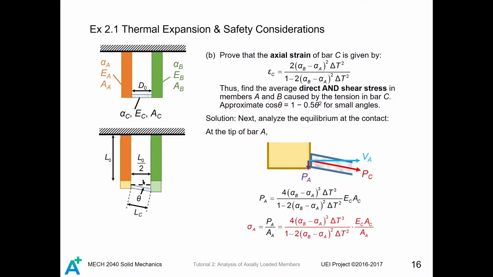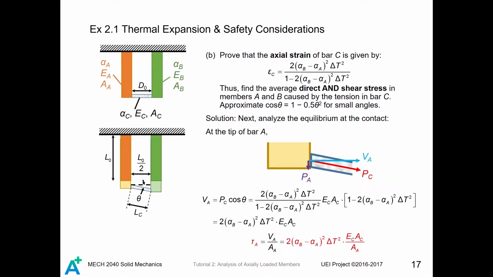After you get the direct force, then you can find the normal stress by dividing the direct force by the cross-sectional area, which looks like this. So you just divide the whole piece by the cross-sectional area of A. In a similar manner, the shear force acting on bar A is just the axial force in bar C times cosine theta.